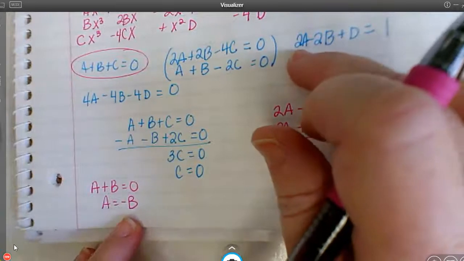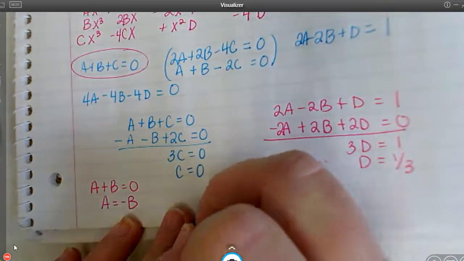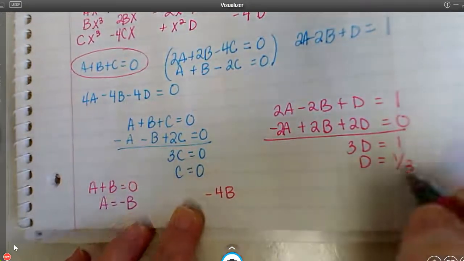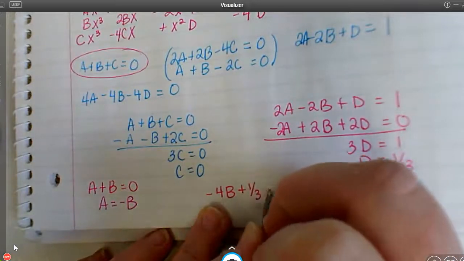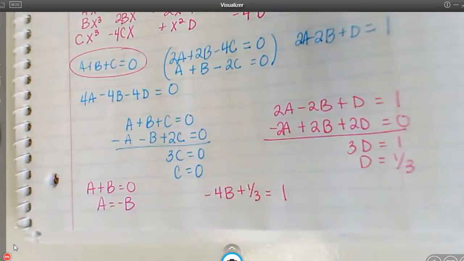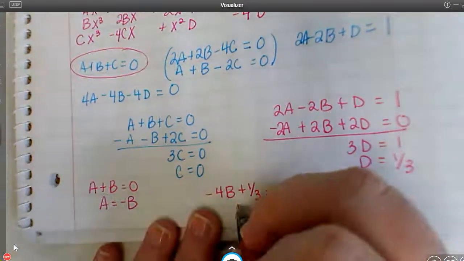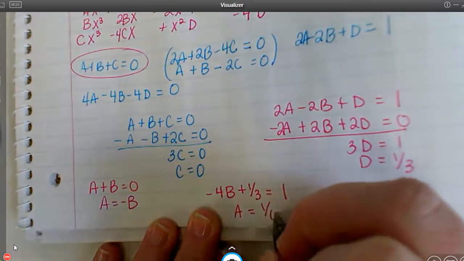If A is negative B, that would be negative 4B plus a third equals 1. Subtract a third and divide by negative 4, and you're going to end up with A equaling 1/6.